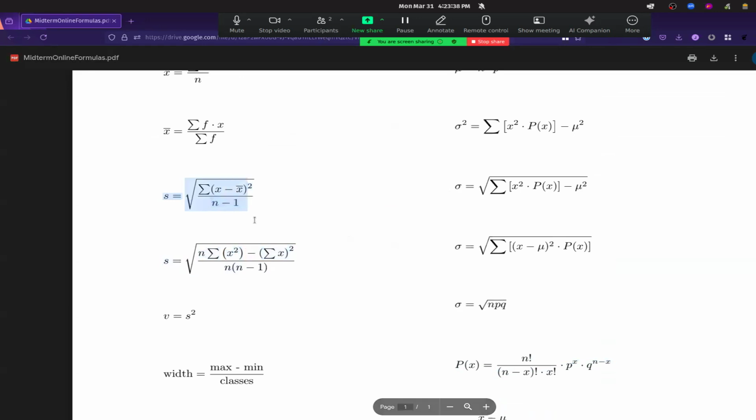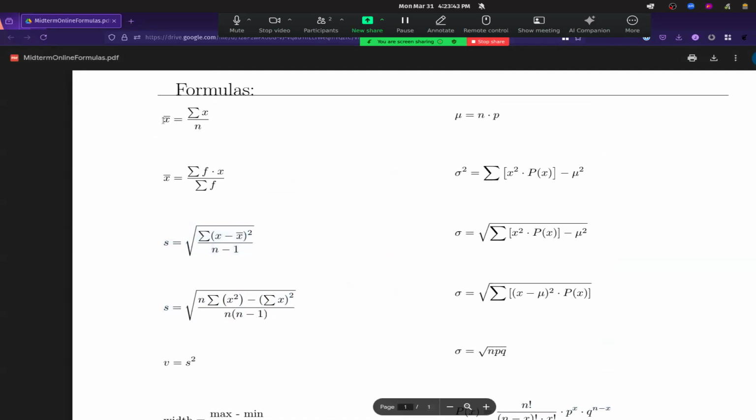Just like the mean formula was the way you calculate the mean of a set of data, if you want the standard deviation of that data, you can use either one of these formulas. One of the nice things about this second formula is you don't have to first calculate the mean. So I kind of call this a shortcut formula, even though it looks a little uglier, but it's not much of a shortcut.